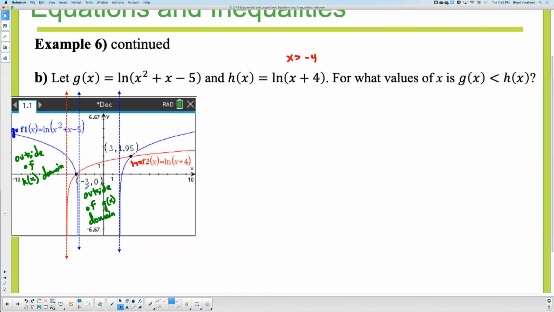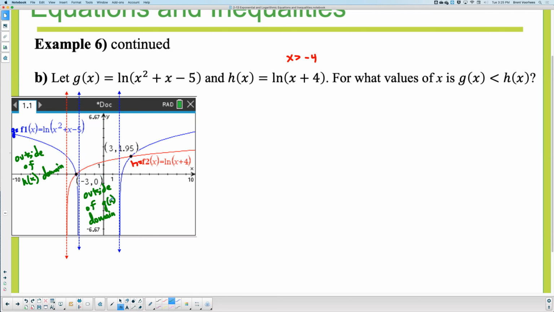Does that make sense? So we're only looking in this window and this window. And as you can see, we want to know where g is less than h, meaning where blue is lower than red. Where is blue lower than red? Not here, but over here. This little part is a solution set. So right in here, this little sliver, that's going to be an answer set.